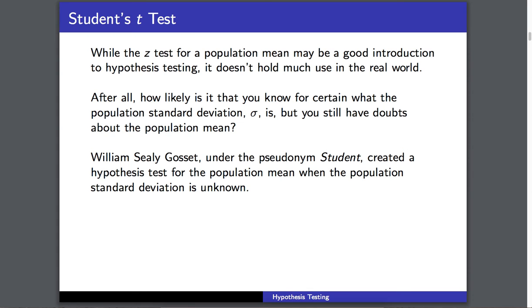So, to alleviate that, a guy by the name of William Sealy Gosset, under the pseudonym Student, created a hypothesis test known as the Student's t-test, for the population mean when the population standard deviation is unknown. The reason it's not called Gosset's test is that he worked for a company that allowed its employees to do research.